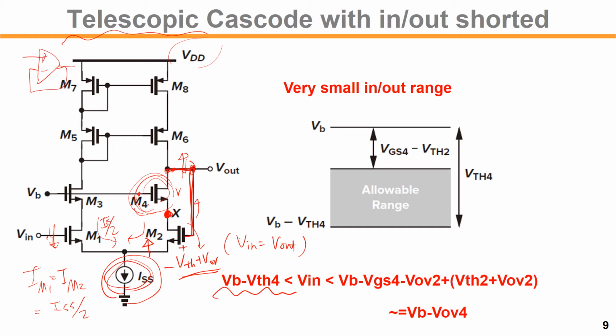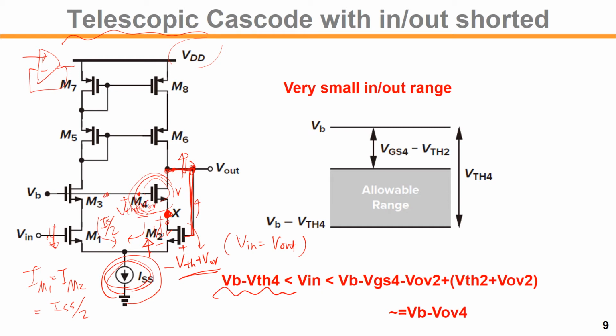This means that if the input goes up, the drain voltage of M1 will go up, so it will hit the edge of triode and saturation. That condition will be: drain-to-source voltage will be V overdrive, and we also have VTH plus V overdrive of M4.